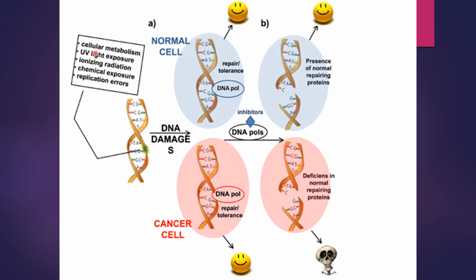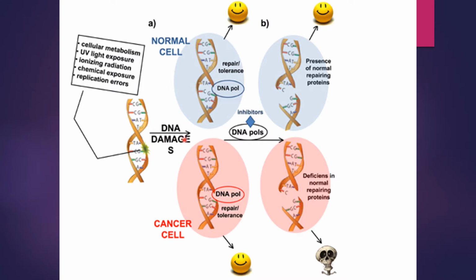Here, cellular metabolism, UV exposure, ionizing radiation, chemical exposure, all of them lead to DNA damage. Either this DNA damage is repaired by the DNA polymerases, leading to the normal functioning of the cell.